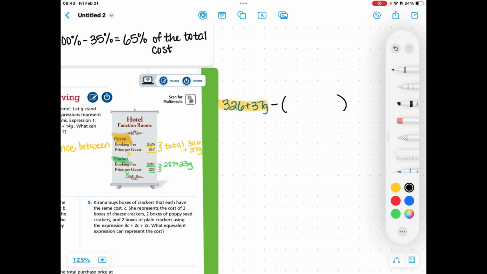I do need to put it in parentheses. That harbor, so 287 plus 23G. Keep in mind whenever you do the subtraction, you do have to do the opposite. We learned in 4-7 that we do when we subtract. Expressions.